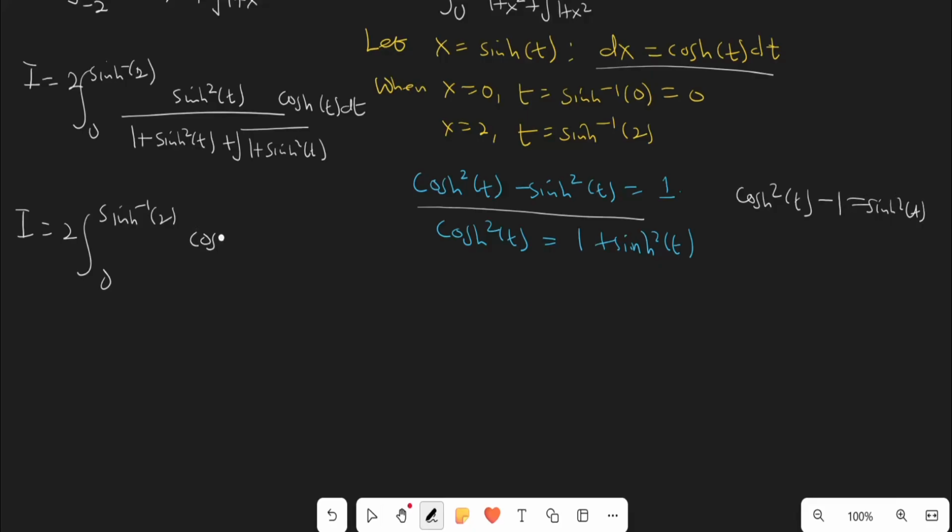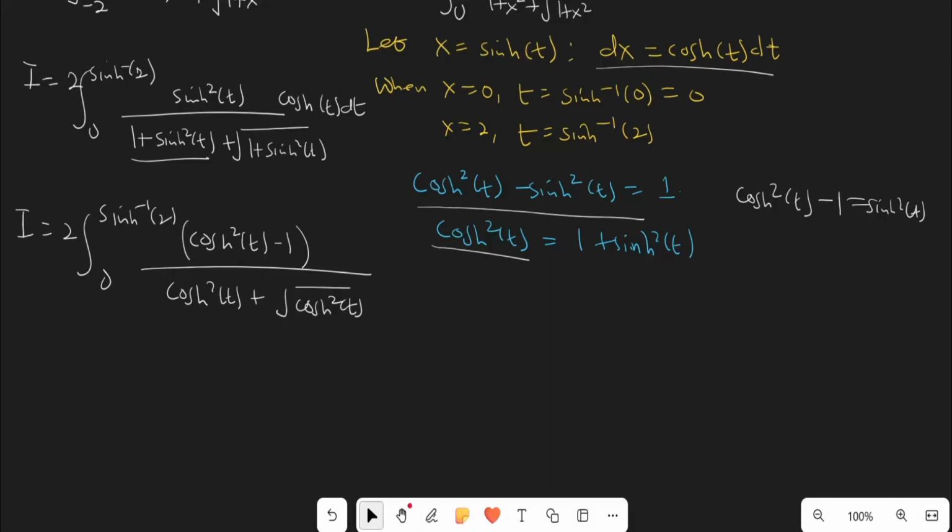So this is cosine hyperbolic square of t minus 1 divided by this one. I can write that one as cosine hyperbolic square of t plus the square root of cosine hyperbolic square of t, times cosine hyperbolic of t dt.